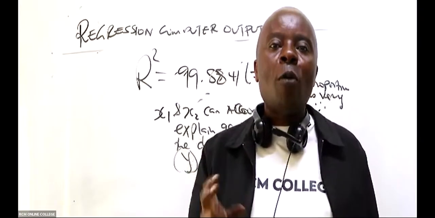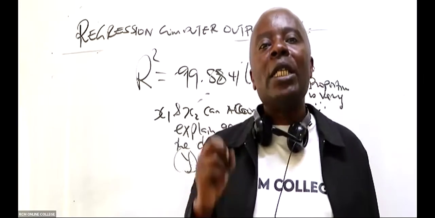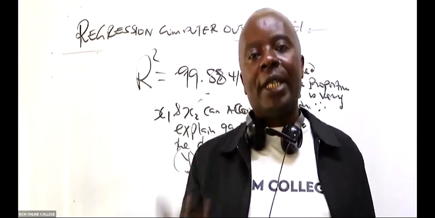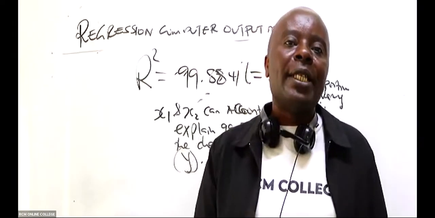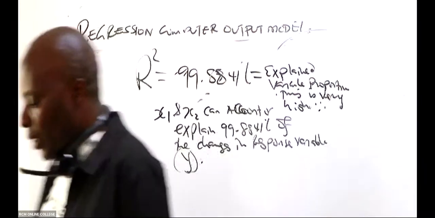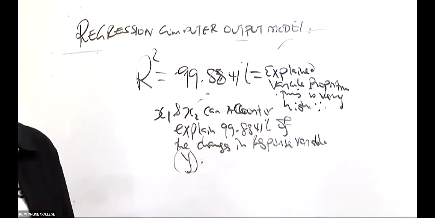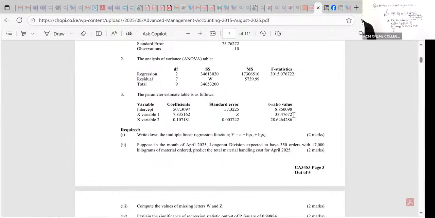They tell you to compare the significance of the two variables on the basis of the T ratio. You simply tell us the one that has a higher T ratio is the better one. Look at the T ratios provided, ladies and gentlemen. There are two of them. For X1 it is 3, for X2 it's 28.